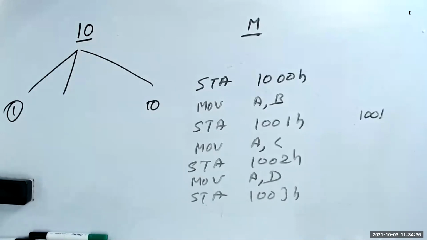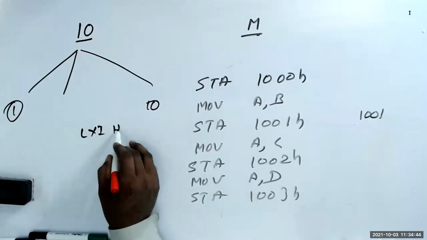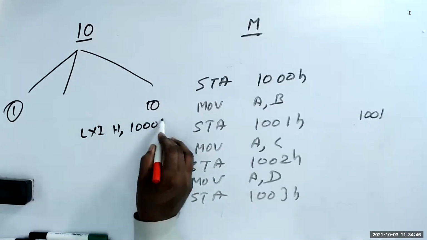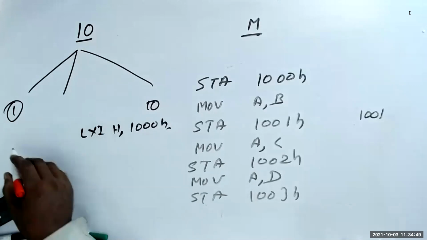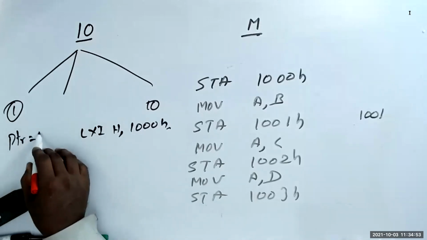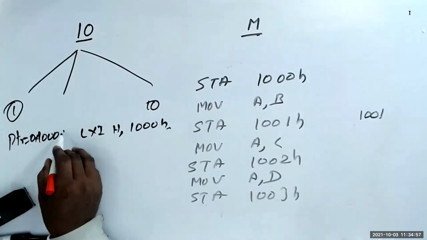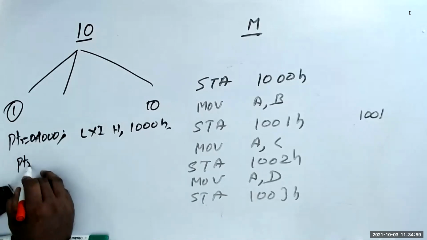Correct, exactly. That's what I'm saying. LXI is like a pointer. Here you are incrementing the pointer. If we say LXI H comma 1000 H, that is equivalent to pointer equal to 0x1000. Then you say PTR plus plus.